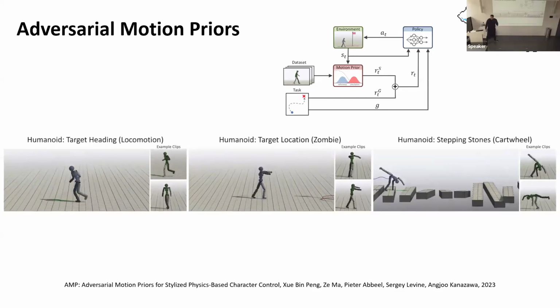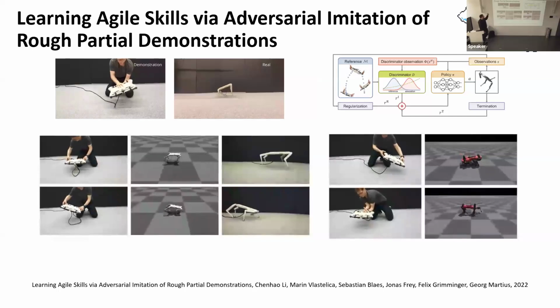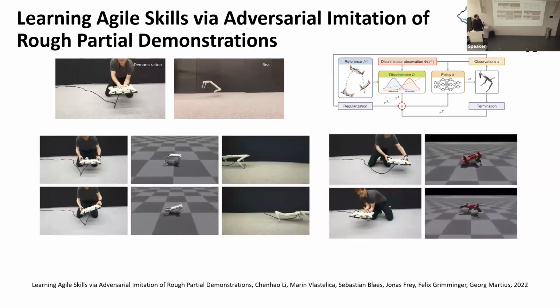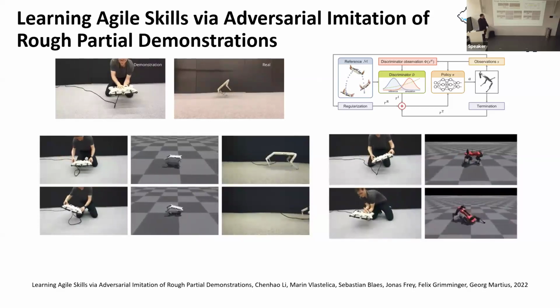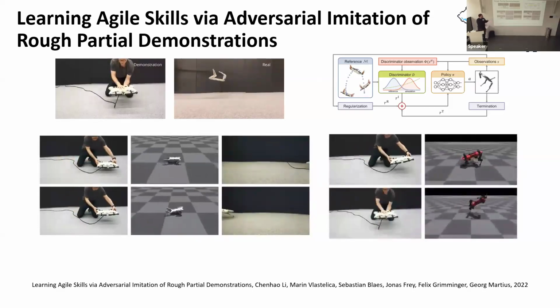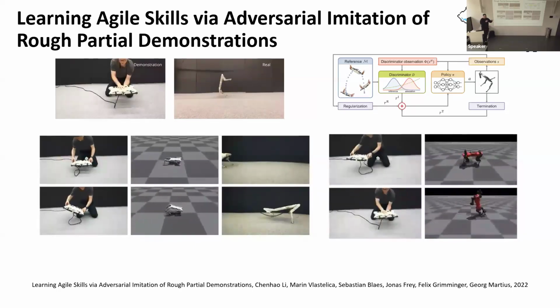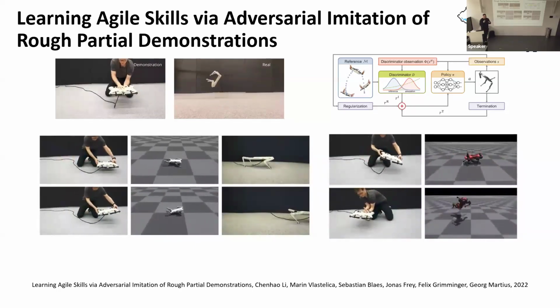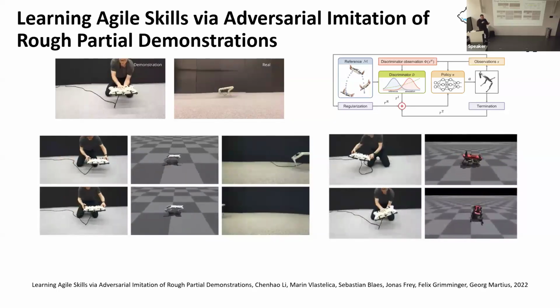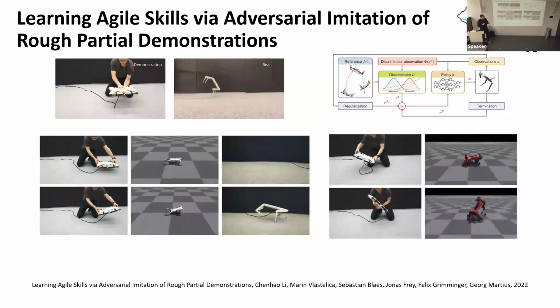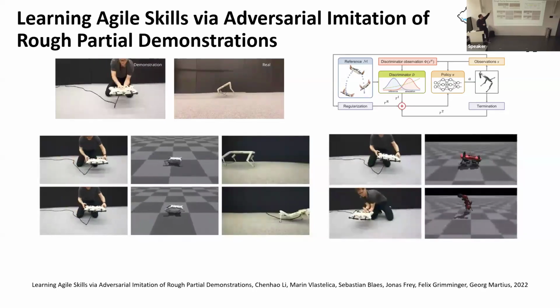The next and last example I want to give you is learning agile skills with adversarial imitation of rough partial demonstrations, where they basically try to solve the problem: how can we imitate a motion if the demonstrations given by the expert are just partial?